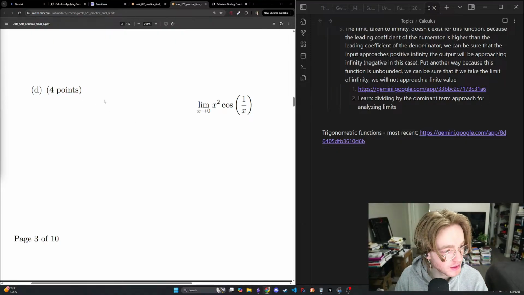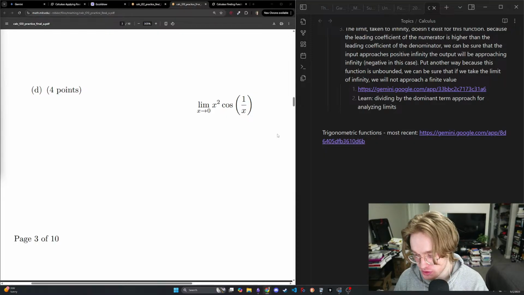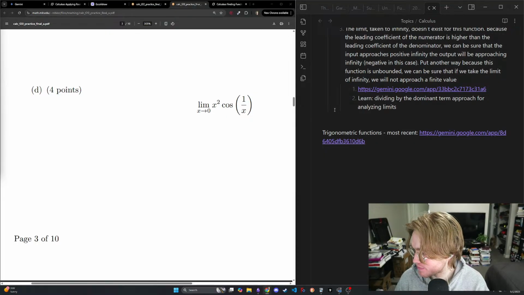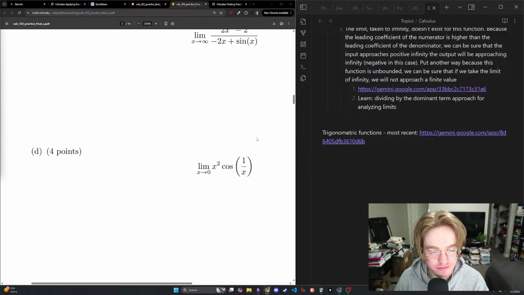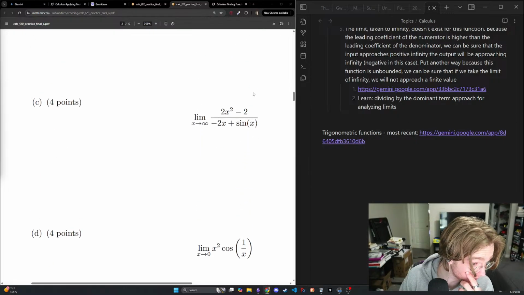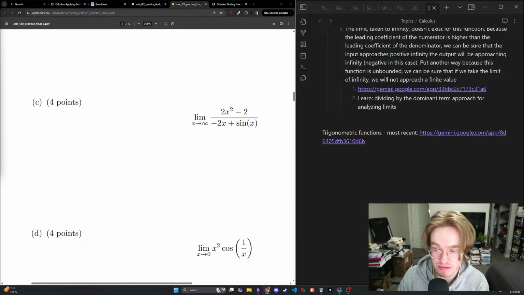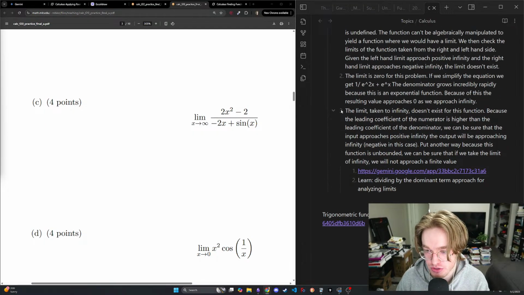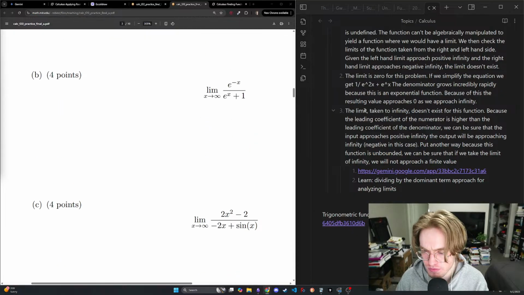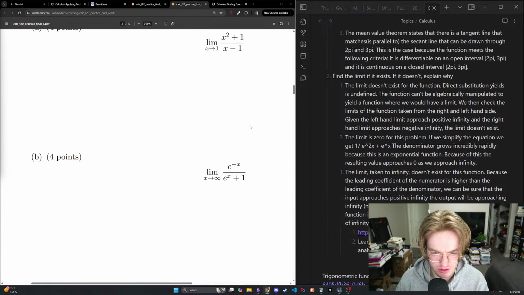Perfect. So we got through those. We did pick away some lack of understanding, so that was good. I am going to probably need some time on the trigonometric functions. But where are we at?